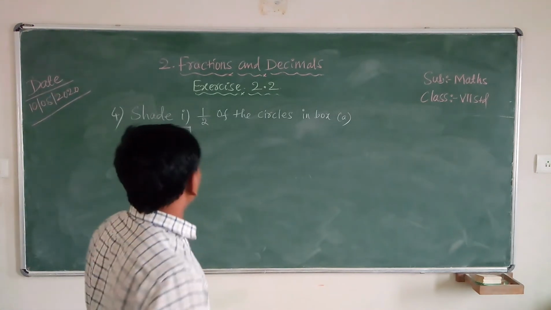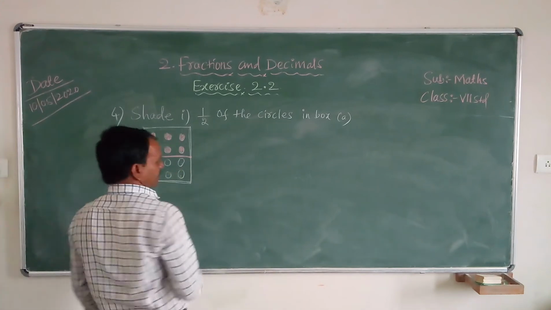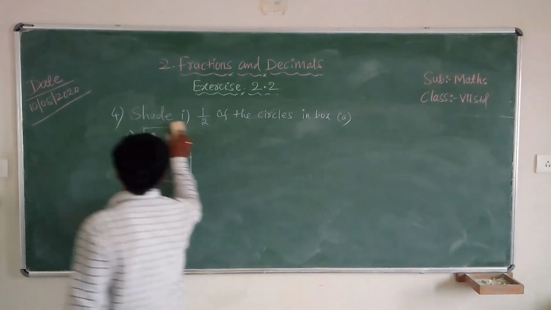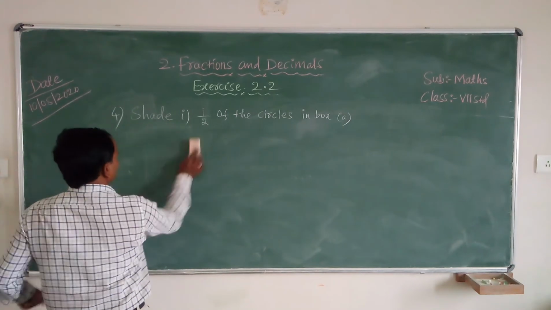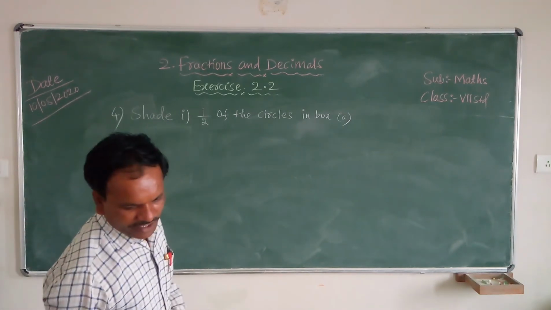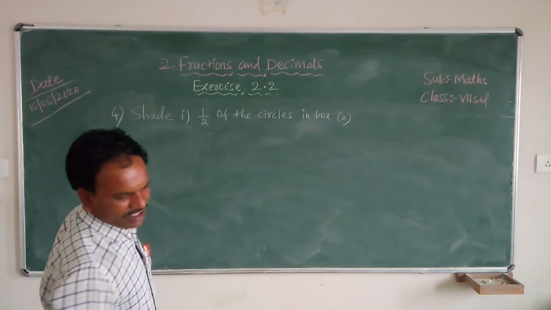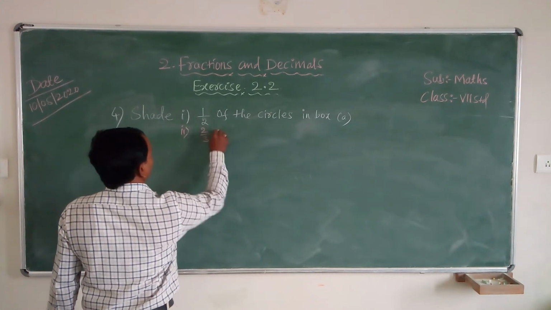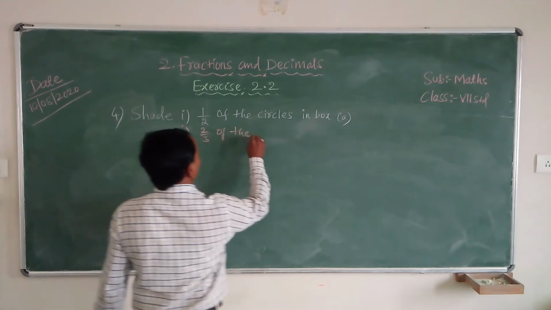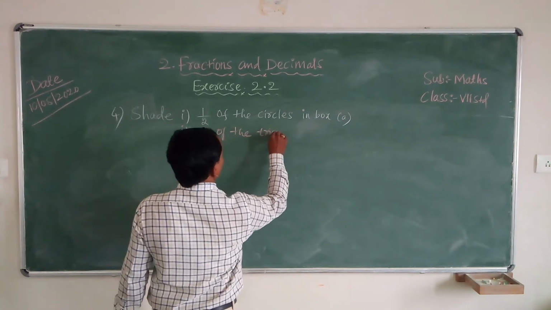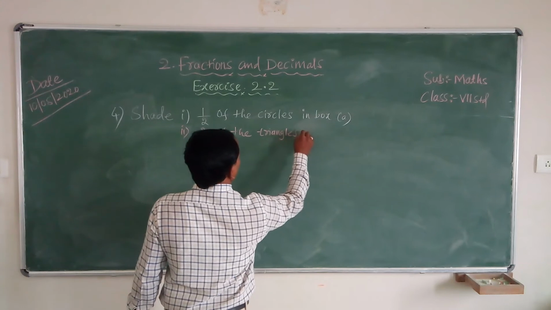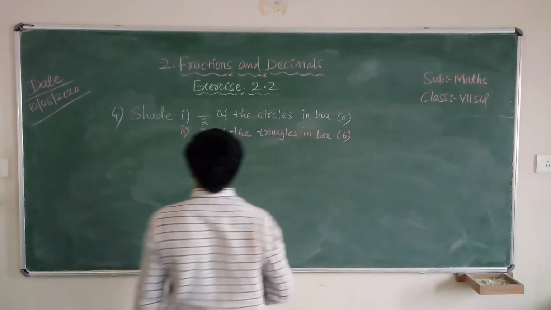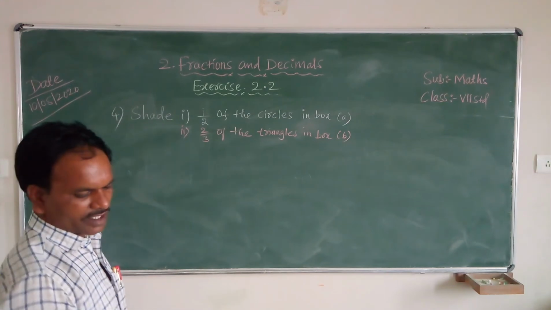Now second, B. Second question. 2 by 3 of the triangles in box B. See.